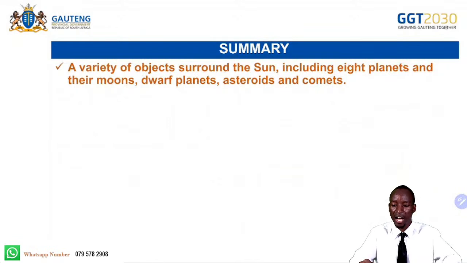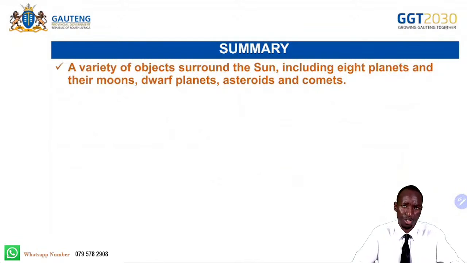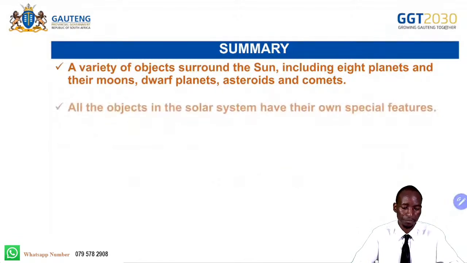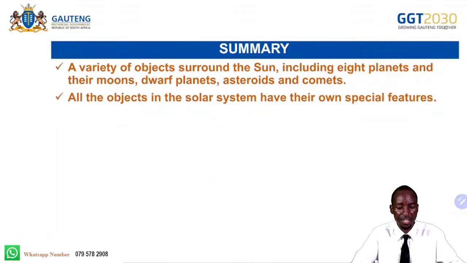All these are found within our solar system and they are found orbiting around the sun. All the objects in the solar system have their own special features. So that's what we have to know, that each and every one of those objects has its own special features.